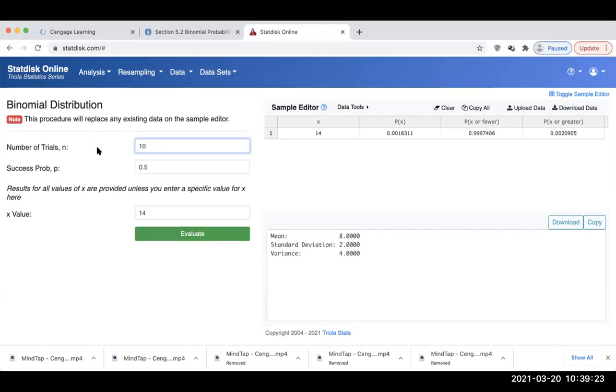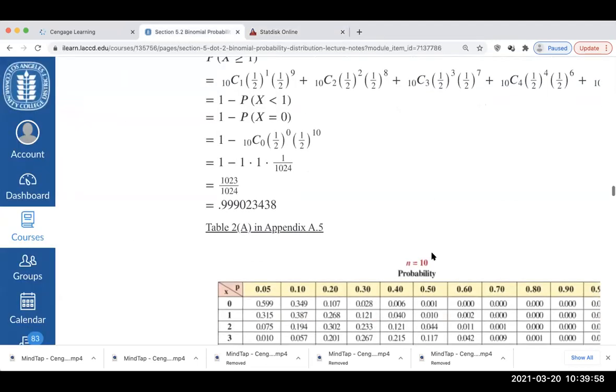I have 10 trials. Probability of success is still 0.5, and I want at least 1. So x greater than or equal to 1. 0.9990234. Okay, good.